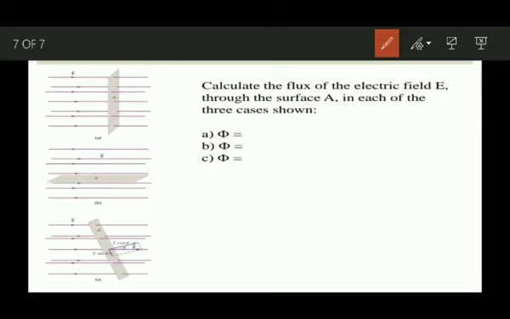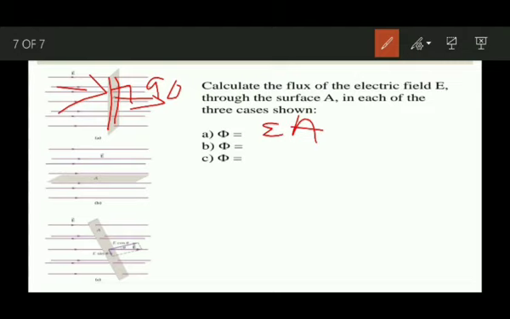Now let's see one question. Calculate the flux of the electric field E through the surface A in each of these three cases as shown here. Here this is the area, and the area vector is parallel to this electric field. So the angle between the electric field and the area vector is 0 degrees, so the electric flux is EA.